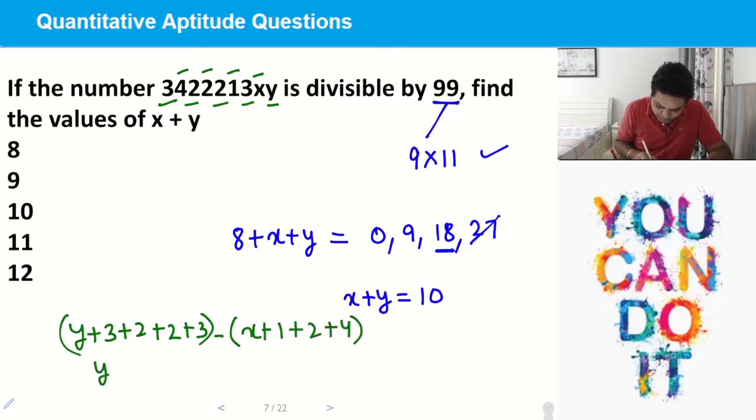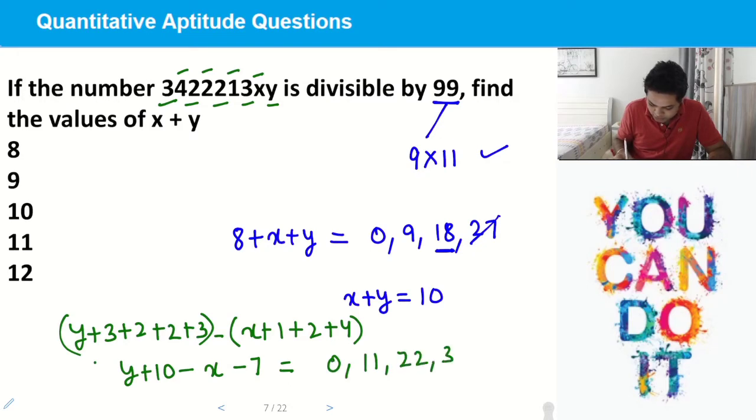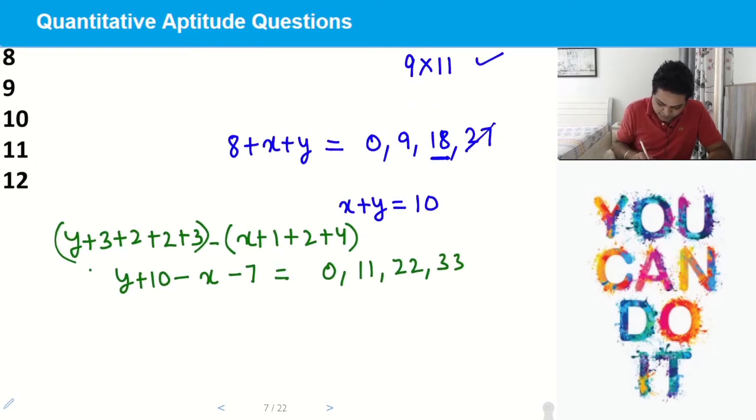That is y plus 10 minus x minus 7 should be divisible by 11. That should be equal to 0, 11, 22, 33 and so on. So we have y minus x plus 3 equals 0 or 11 or 22 or 33 and so on.